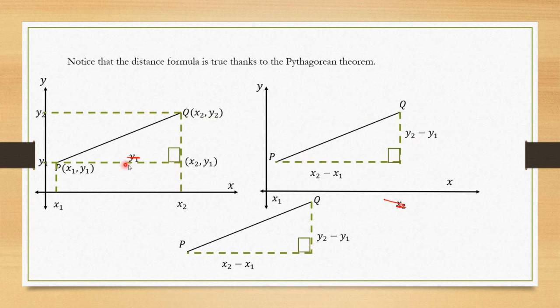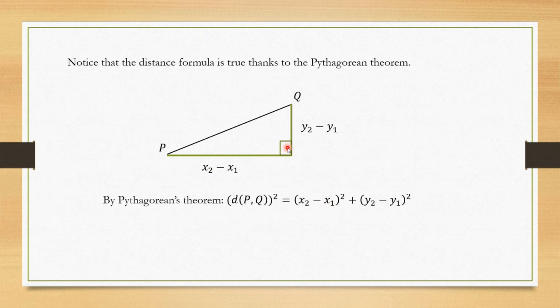Now, the length of this line segment, that should be easy. That's just x sub 2 minus x sub 1. The length of this line segment is y2 minus y1, as you can see. Hopefully that's easy to see. So basically, we're going to have this right triangle. We have this length, which is x2 minus x1. Here we have y2 minus y1.